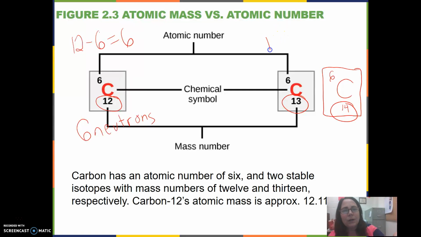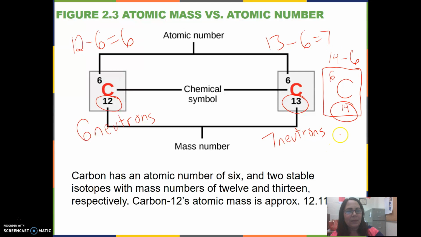And if we do 13 subtract 6, we get 7. So there are 7 neutrons in carbon 13. And you've probably already done the math. 14 subtract 6 gives you 8 neutrons for carbon 14. So they're all the same element. They're just different isotopes of that element.